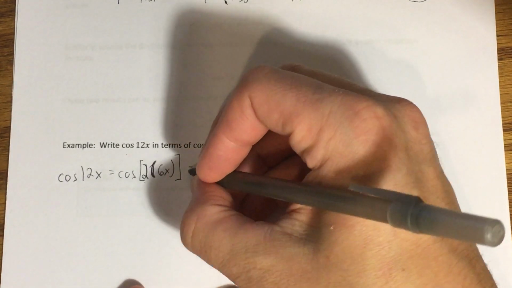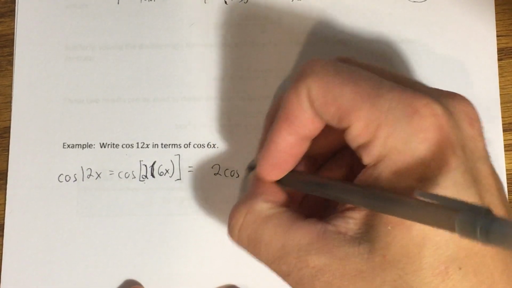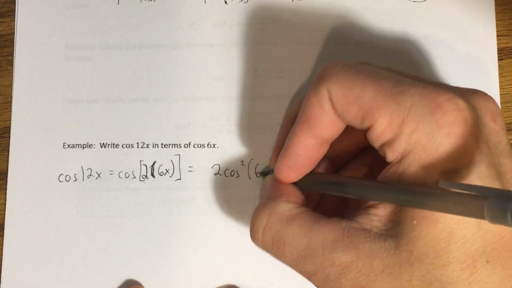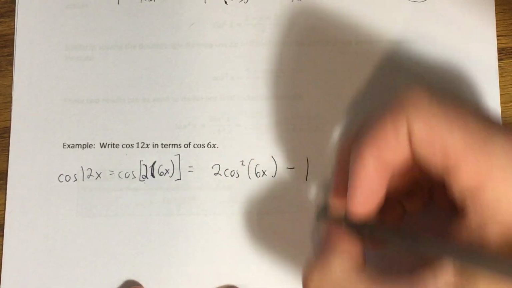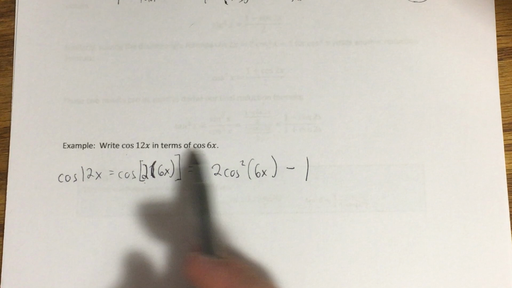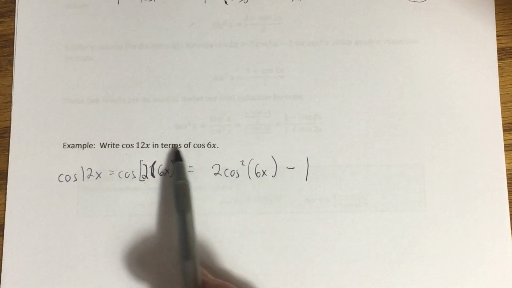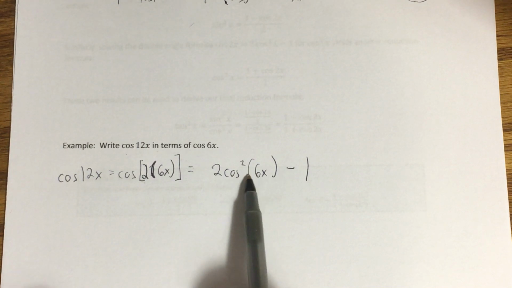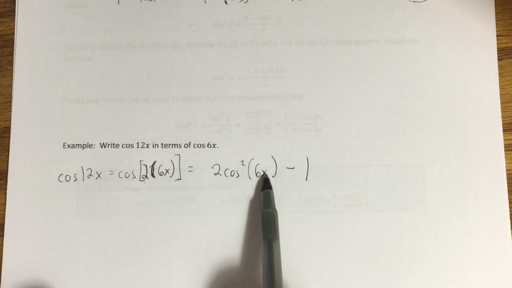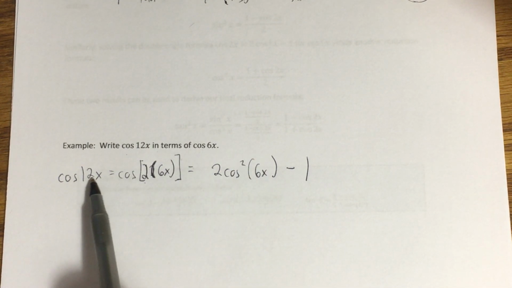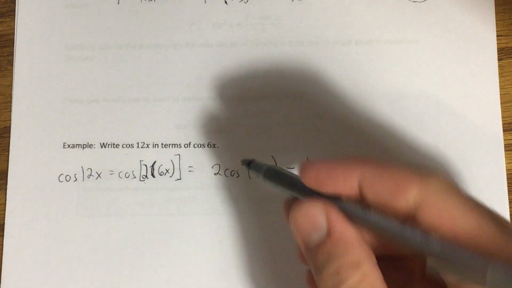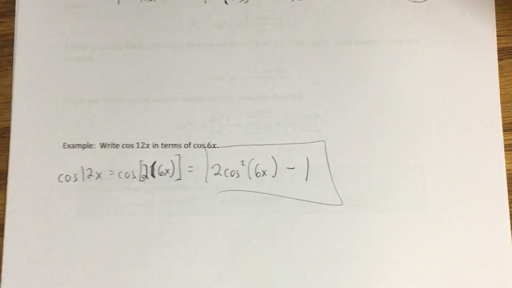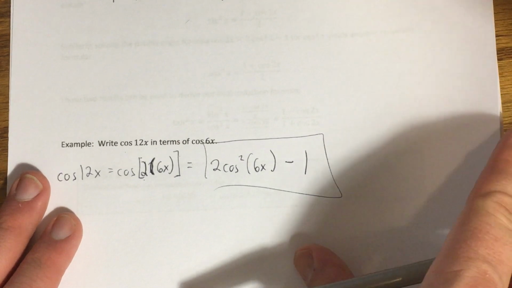So that means this should look like 2 cosine squared of 6x minus 1. And that's doing what it's asking me to do. The cosine of 6x is the only trig function that's showing up in this expression, but I managed to reduce the size of that coefficient by using this double angle formula. So that one was pretty quick once you know what you're looking at.